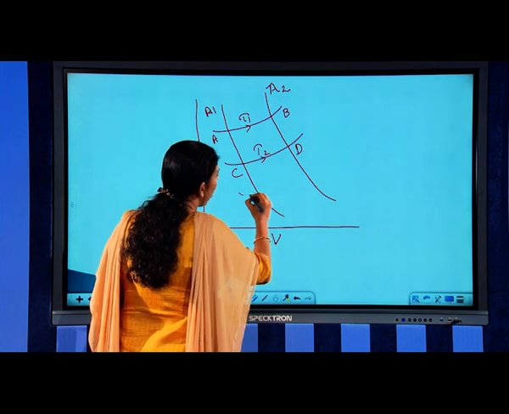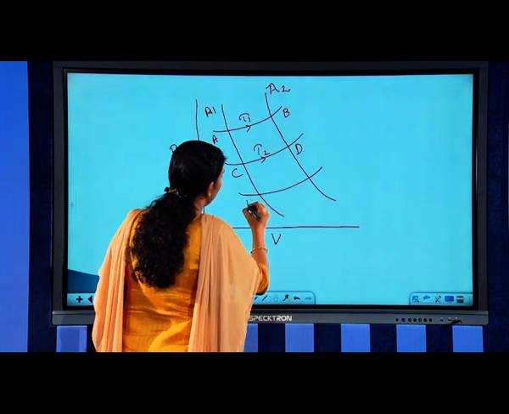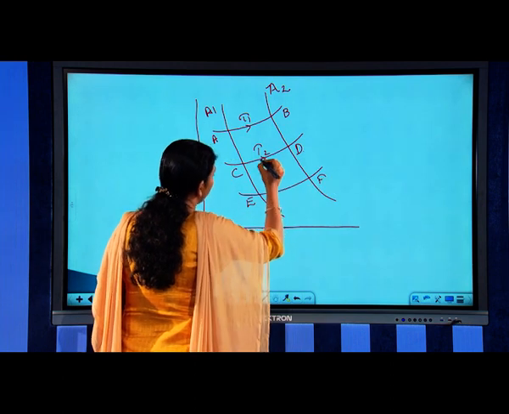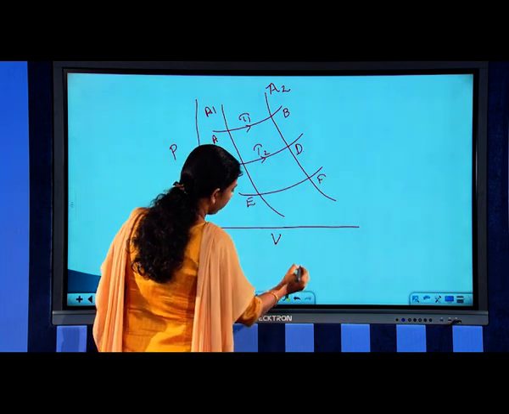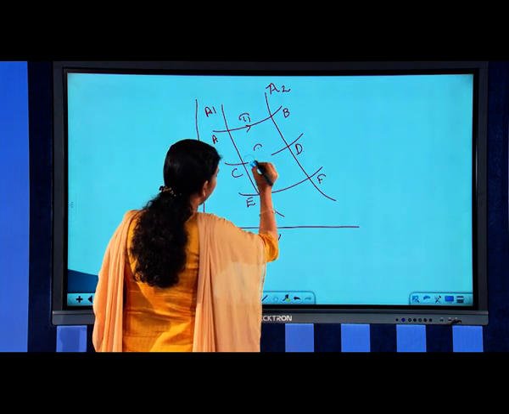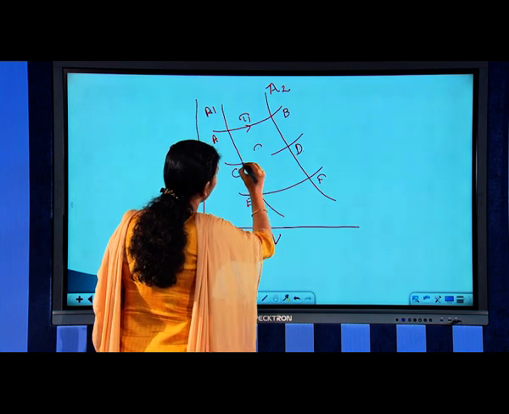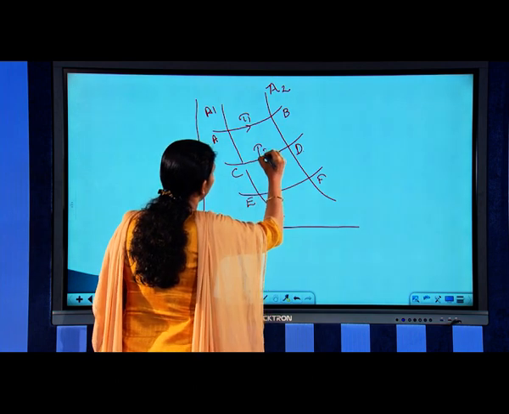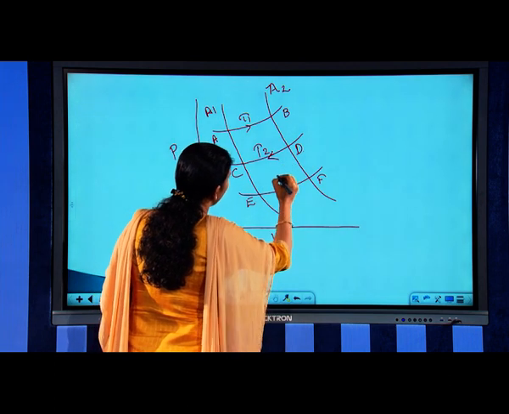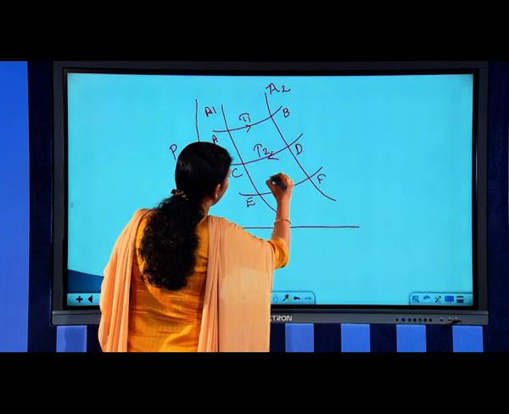Then draw another isothermal EF at temperature T3.